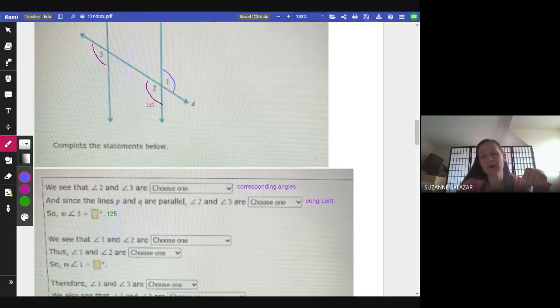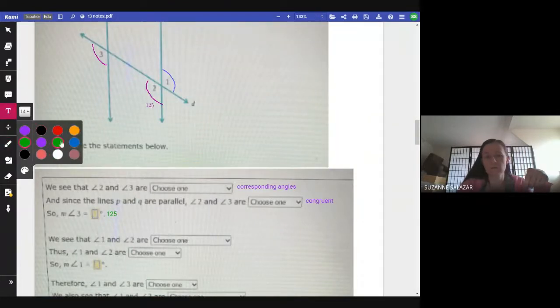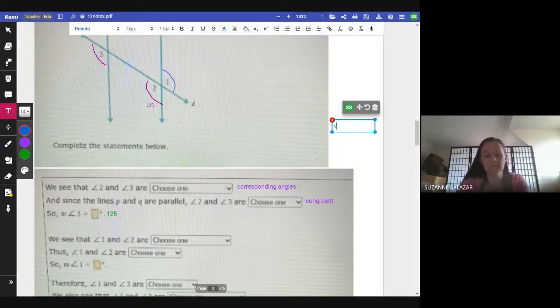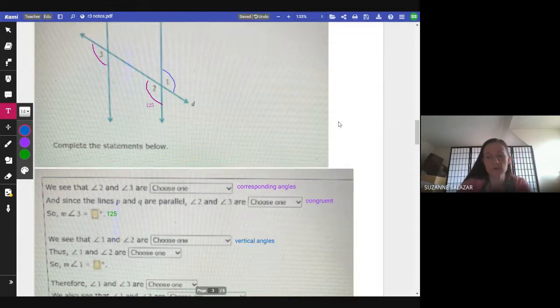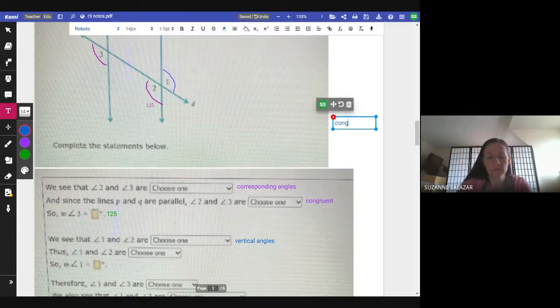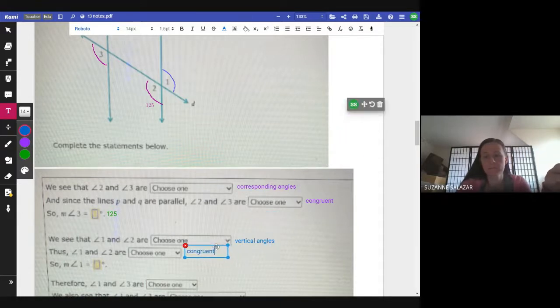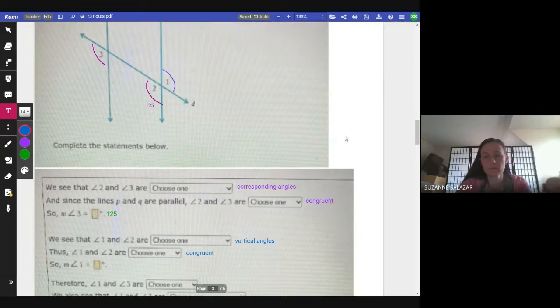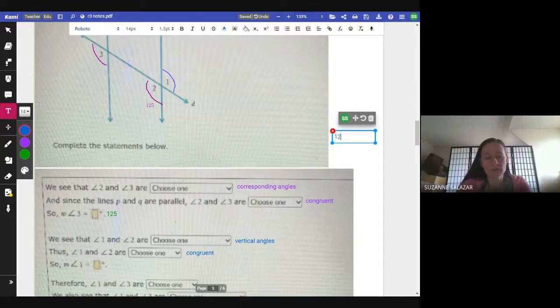Vertical angles are when you have the intersection of two lines. The angles across from each other are going to be the same size as each other. So they're also going to be congruent, and it's also going to be 125.